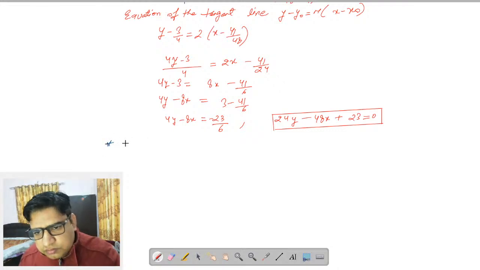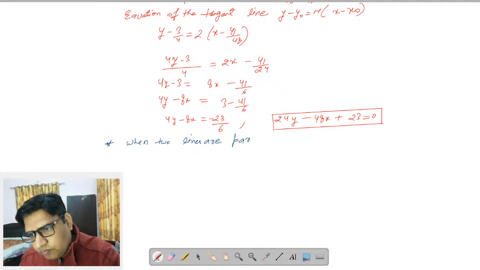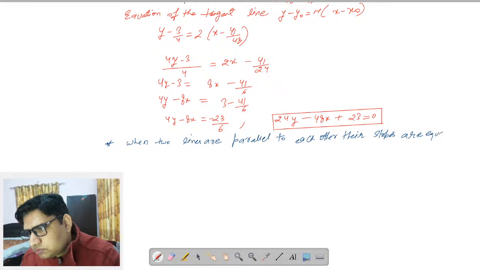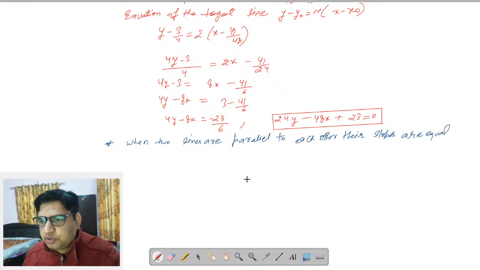So this is the note: when two lines are parallel to each other, their slopes are equal. Okay, so this is the important concept that we need to remember in order to solve this type of question.